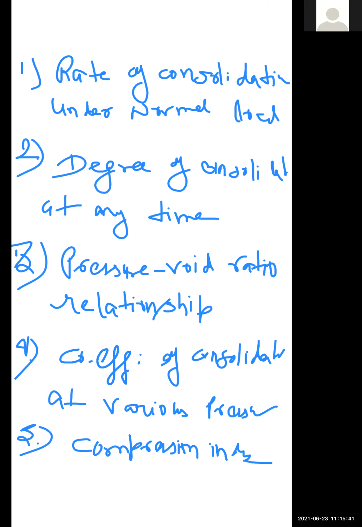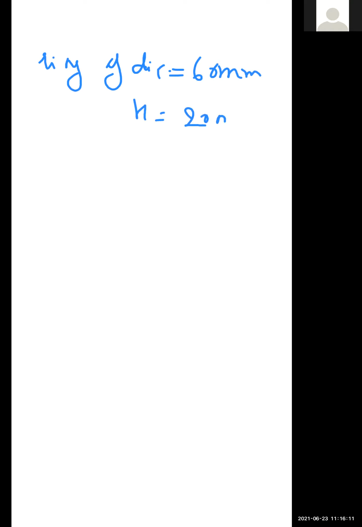So now the planning and organization of this test. The consolidometer consists essentially of a ring, a ring of diameter 60 mm and height 20 mm.